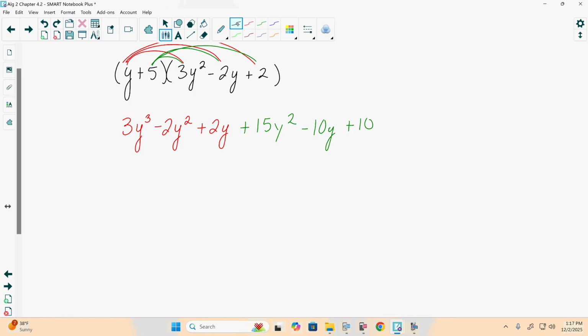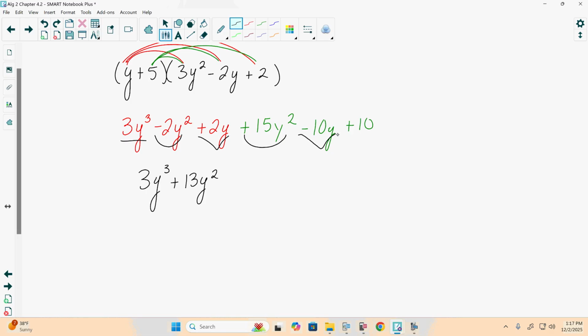Now, unlike the last one, we don't have necessarily our like terms next to each other. But our y cubed term doesn't have any like terms. Our y squared, we have negative 2y squared plus 15y squared. Well, negative 2 plus 15, 15 minus 2 is going to be 13, so 13y squared.